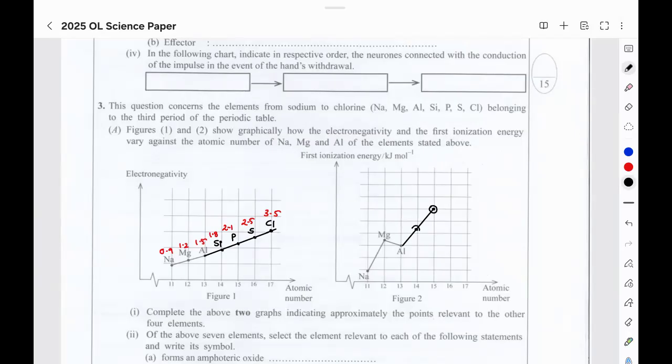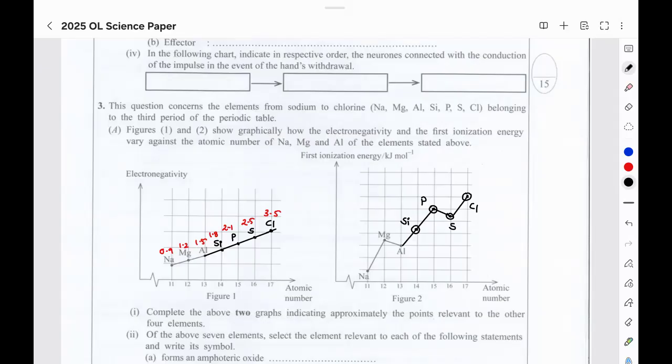Silicon, phosphorus, sulfur, chlorine. Okay. Silicon, phosphorus, sulfur, chlorine. In the marking scheme, they have mentioned sulfur should be above silicon.